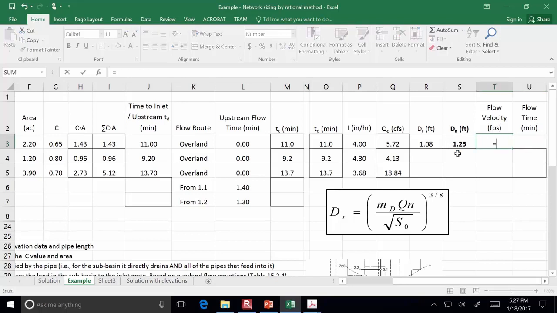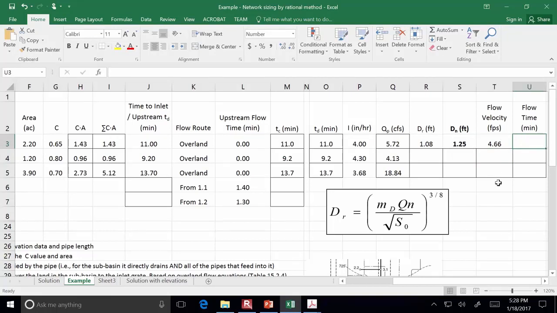And so the velocity is Q divided by the area. And the area of the pipe is pi d squared divided by 4. So pi times d, which is this nominal design diameter, d squared, divided by 4. And that says the water is flowing at 4.66 feet per second.